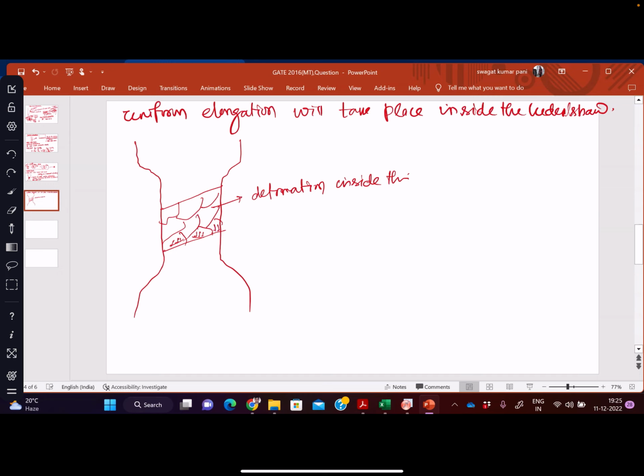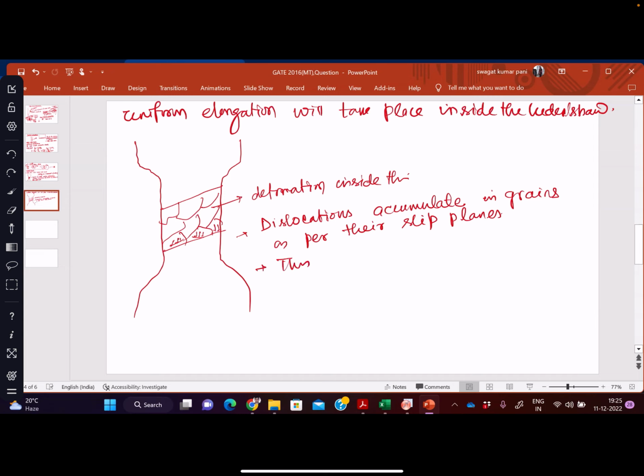So then what will happen? In grains, as per their slip planes. So what will this cause?